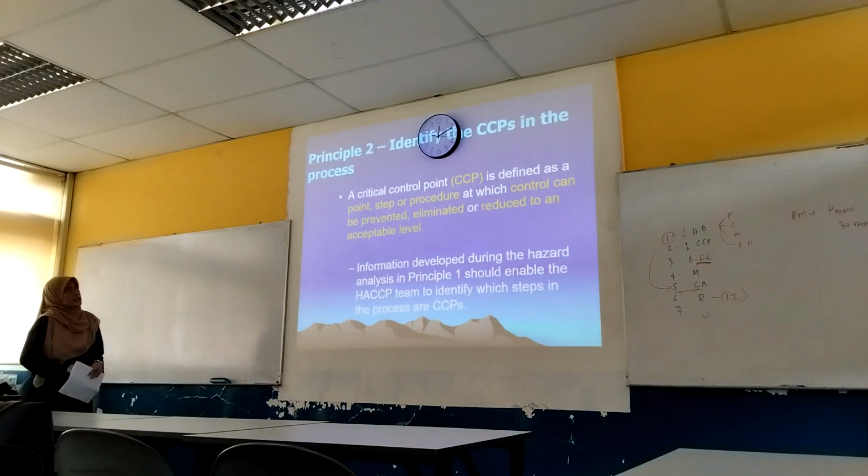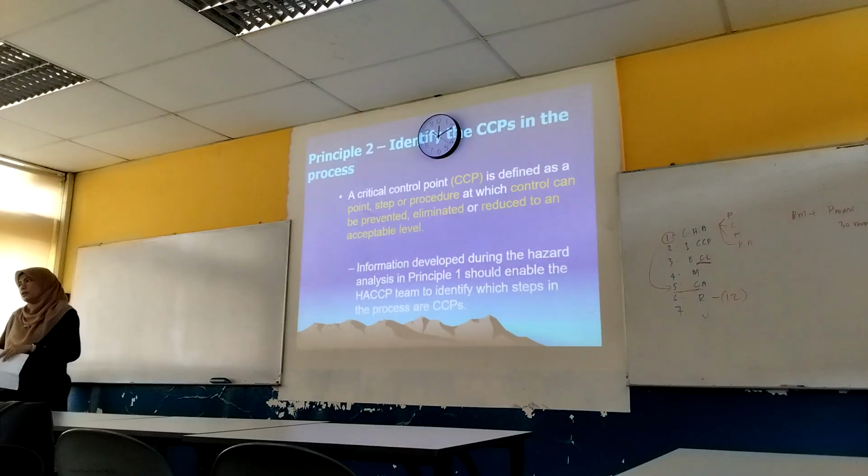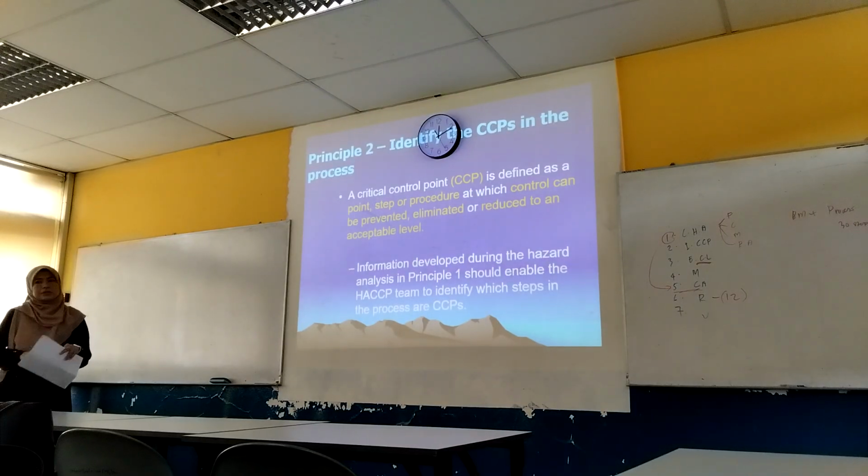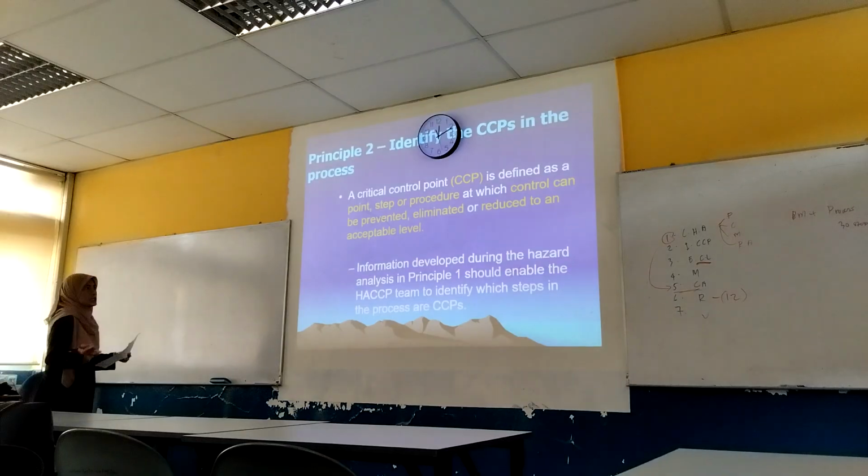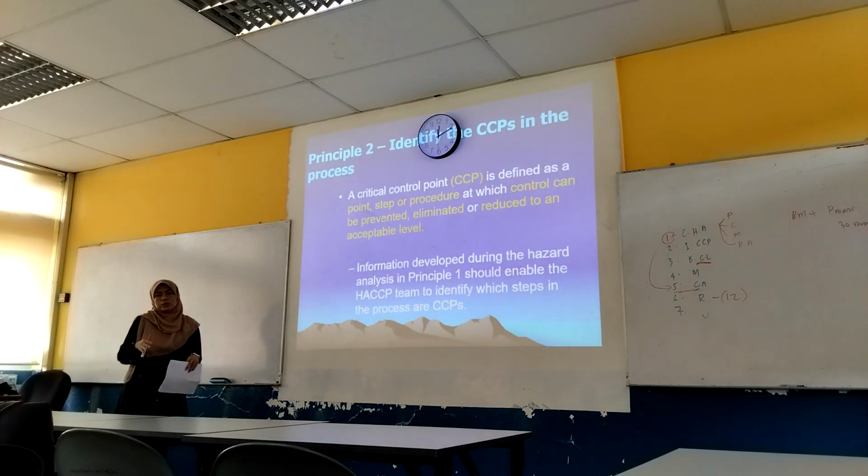Okay, number 2, identification of CCPs in the process. How do we identify whether it's a CCP or not? You have heard about the decision tree? We usually use the decision tree to identify whether it's a CCP or not.